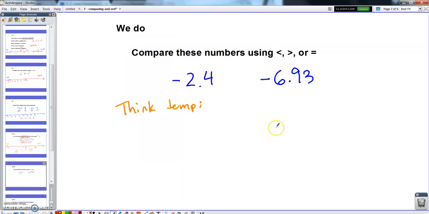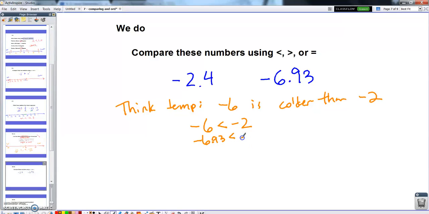So if I think temperature, negative 6 is colder than, this is about negative 6, and this is about negative 2. And so to me, if negative 6 is colder than negative 2, then I know negative 6 is less than negative 2. Or in this case, negative 6 and 93 hundredths is less than negative 2 and 4 tenths. And so if I just think temperature, it's obvious to me.